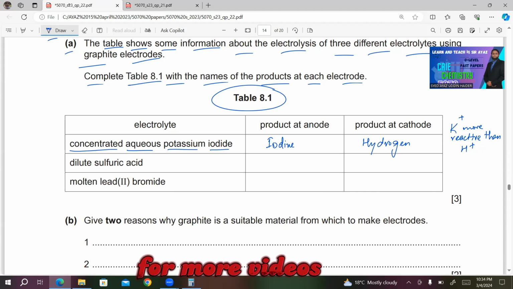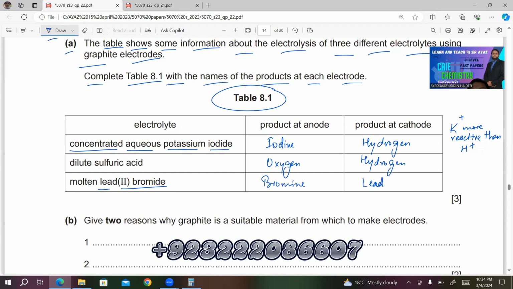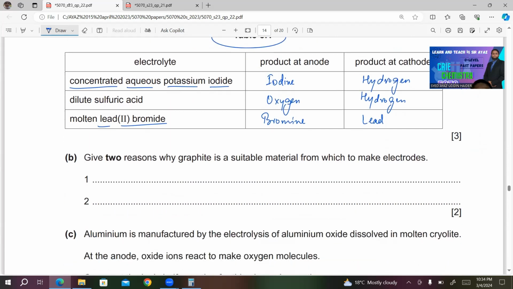You can apply the reverse argument for hydrogen. Dilute sulfuric acid, the products will be oxygen at anode and hydrogen at cathode. What about the product for molten lead bromide? It's very easy. We'll get bromine at anode and lead at cathode.